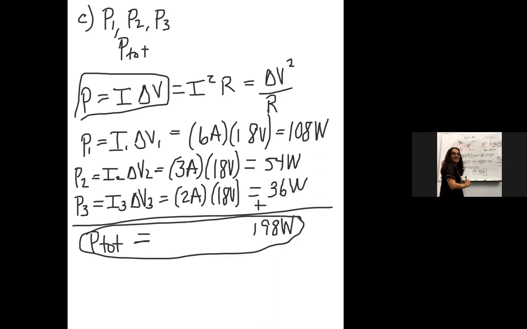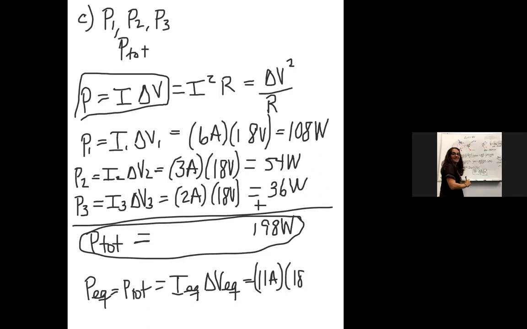What's another way that I could do it? I could do the equivalent power, which is the total, is going to be the equivalent current times the equivalent voltage. So what was our equivalent current? We said it was 11 amps times 18 volts.